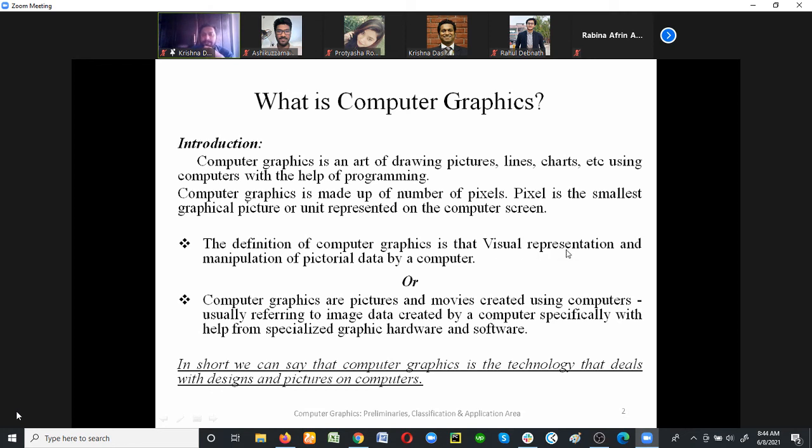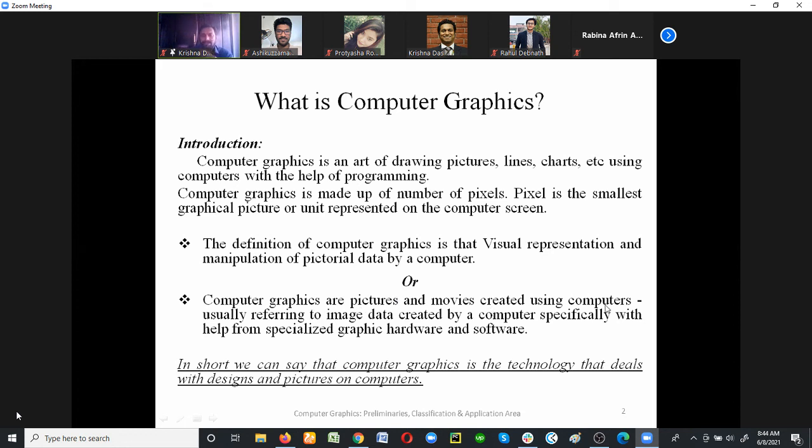And we are representing as well as manipulating. Manipulating means we are editing. Think about any video game, where at the same moment you are changing the image through your commands, right?